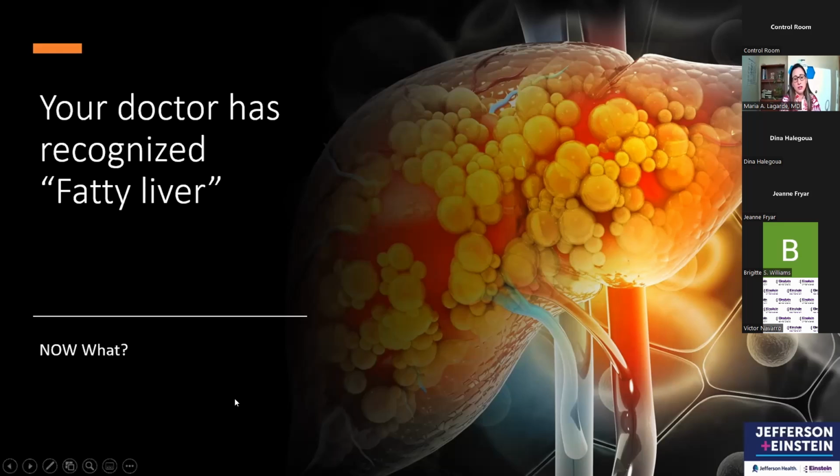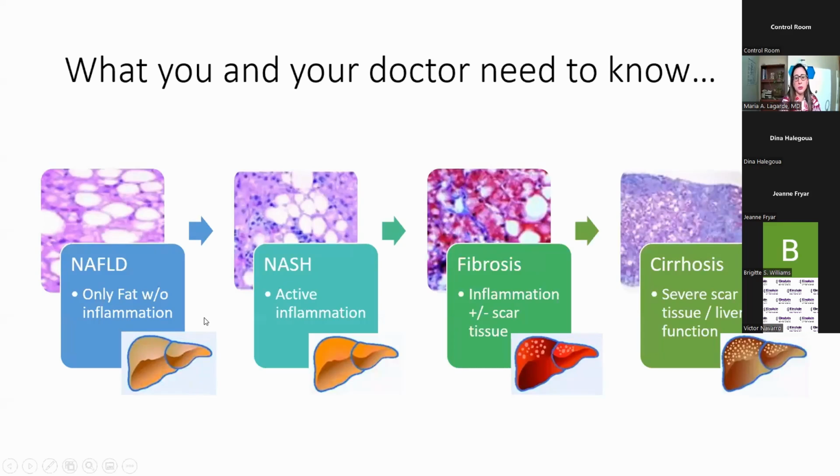But now it's identified. There is presence of fat in your liver in some form or another. So what are we supposed to do? First is what your doctor and you need to know. There's a difference between the types of inflammation or fat that we can see in your liver.